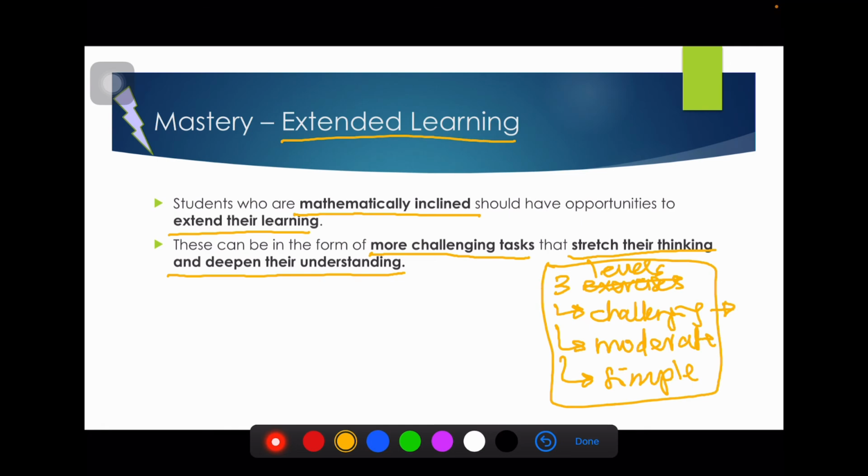But if your student is a moderate or average student, he or she will manage to answer a few questions of the moderate type. And academically challenged students will be able to answer the simple part, but they will have trouble getting to this level. This is where you can help, by explaining to them the moderate type of questions.